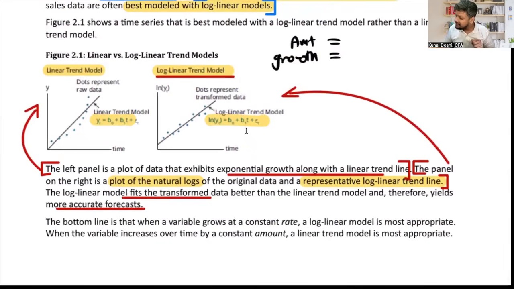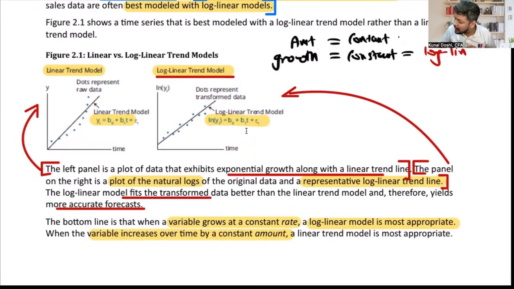So the bottom line is that when a variable grows at a constant rate, a log linear model is more appropriate. So when it is growing at a constant rate, when the growth is constant, we use a log lin model. And when the variable increases over time by a constant amount, whenever the growth is in a constant amount, in this case, we use a lin model or linear model.